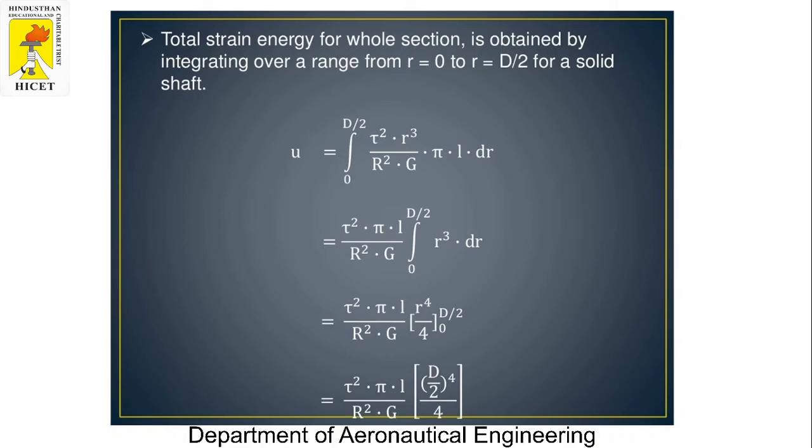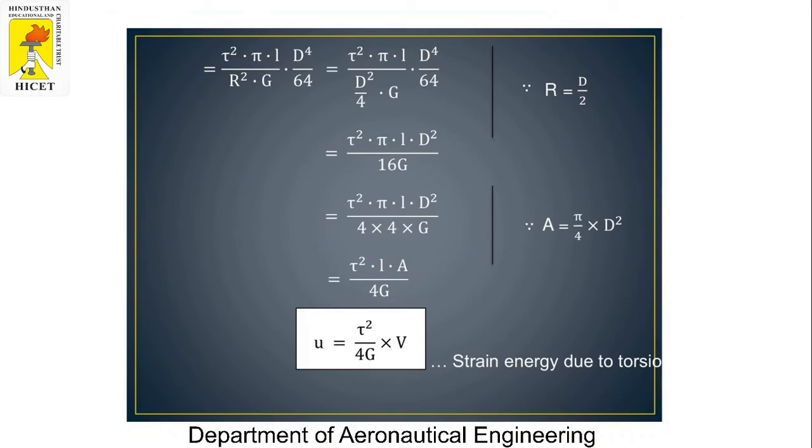By integrating this, finally we get tau square pi L divided by R square G into D by 2 the whole power 4 by 4. So U is equal to tau square pi L divided by R square G into D power 4 by 64, and that is equal to tau square divided by D square by 4 into pi L by G into D power 4 by 64.